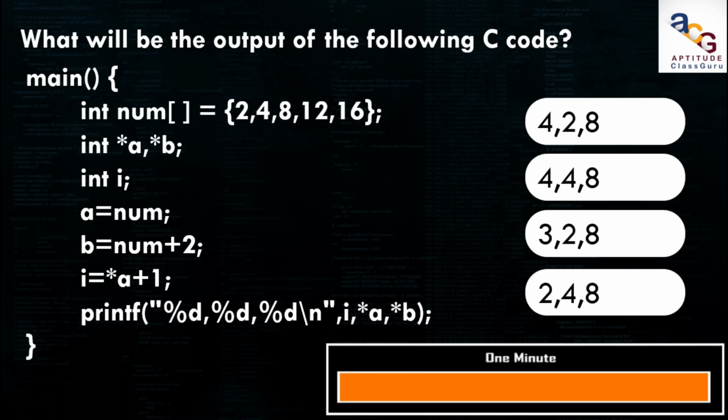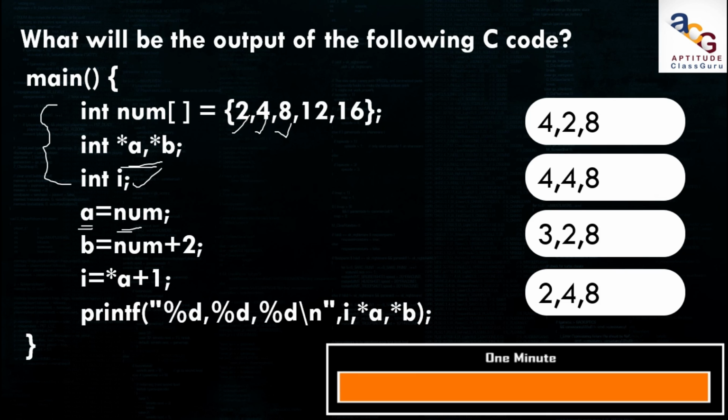Int num equal to 2, 4, 8, 12 and 16. So an integer array is given, and int *a, *b, two pointers, were defined, and int i is another variable. So all our inputs are defined with some values. a equal to num. a will store the address of num. Which address? The address of 2 or the address of 4, the address of 8, whatever.